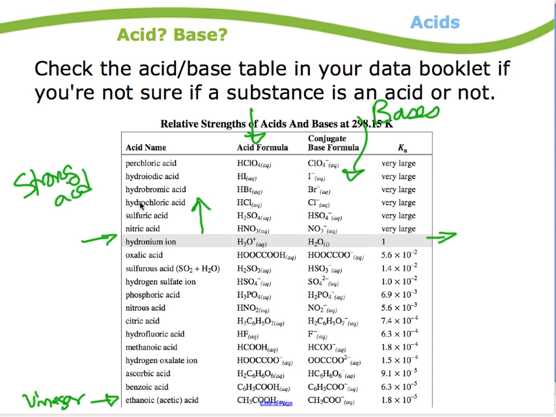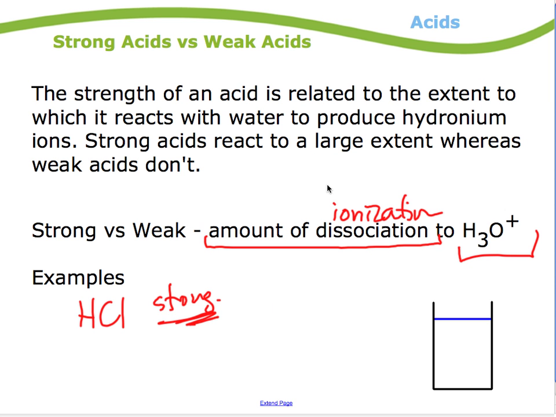Almost all of them immediately go into hydronium ions. Whereas these acids down below, a portion of them will go into hydronium ions, but not all of them. These numbers over here, we used to use a percent, but these numbers here are actually a quantitative way of describing how much dissociation or how much ionization actually occurs. So strong acids, large dissociation.